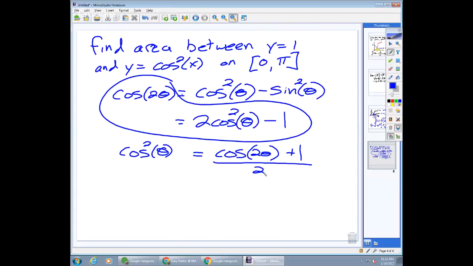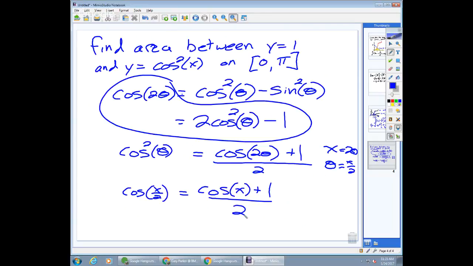And if we were to, for example, let x equal 2 theta, then theta would have to be x over 2, right? So rewriting that, the cosine of x over 2 is equal to the square root of the cosine of x plus 1 over 2. And to get rid of the square, I take the square root of both sides. And so that's what's commonly called the half angle formula.